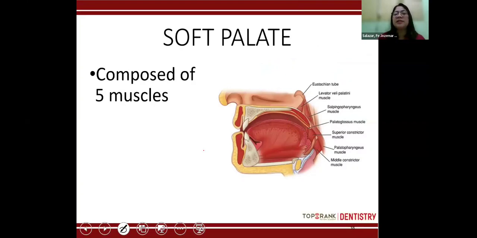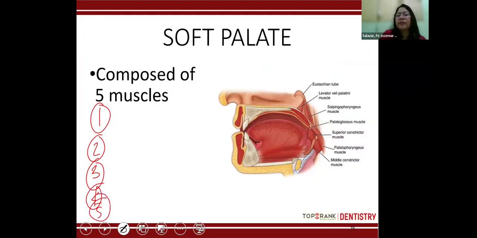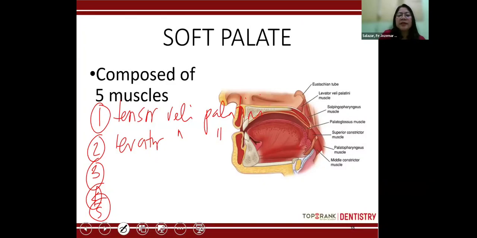Can you name me the muscles making up the soft palate? You have 5 pairs of them. What are the muscles making up the soft palate? Okay, you have tensor veli palatini. Yes, very good. Okay, then you also have levator veli palatini. Okay, ano pa?